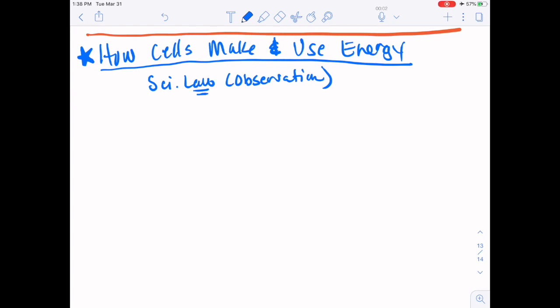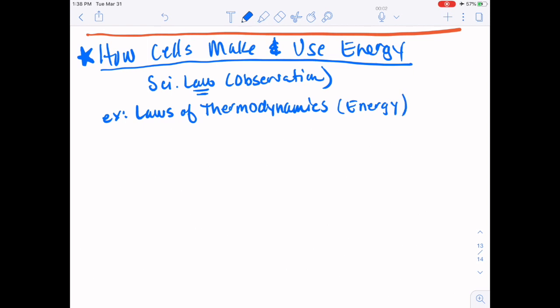And Newton made several observations, and we actually call his laws the laws of thermodynamics. And in thermodynamics, this refers to energy. You could almost call them the laws of energy, really. And there are several, but there are a couple that we're going to be using in how we explore and talk about how cells make and use energy.